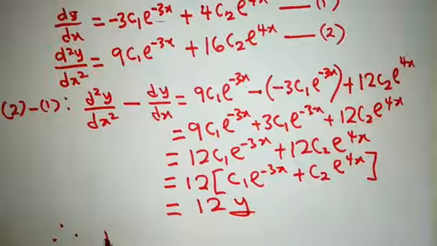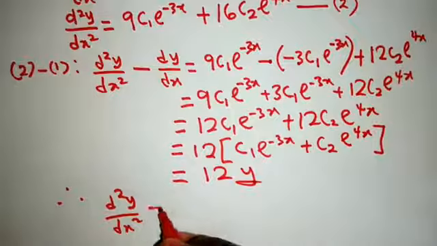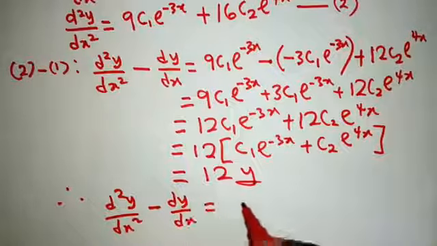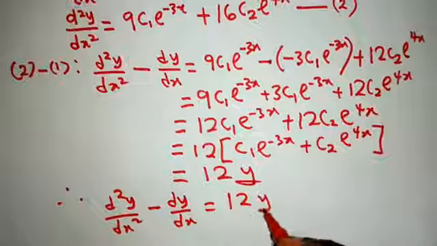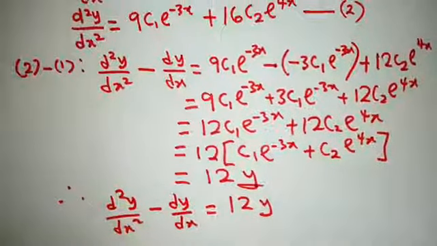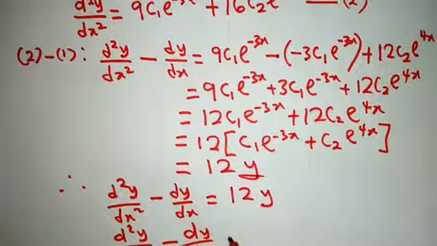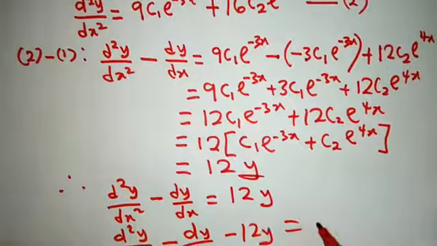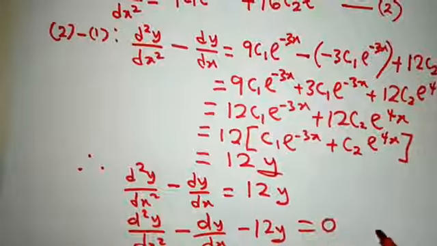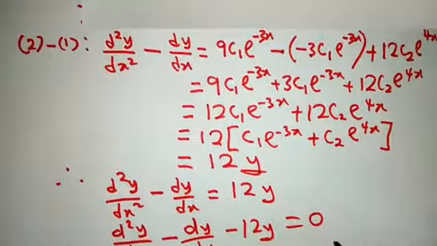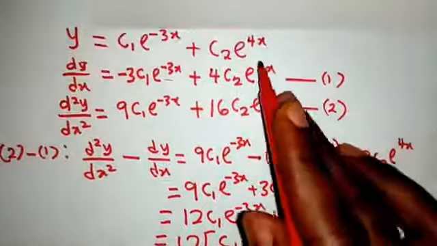So we have that d squared y/dx squared minus dy/dx equals 12y. Or we can write this as d squared y/dx squared minus dy/dx minus 12y equals 0. So this is our differential equation obtained from the given equation.